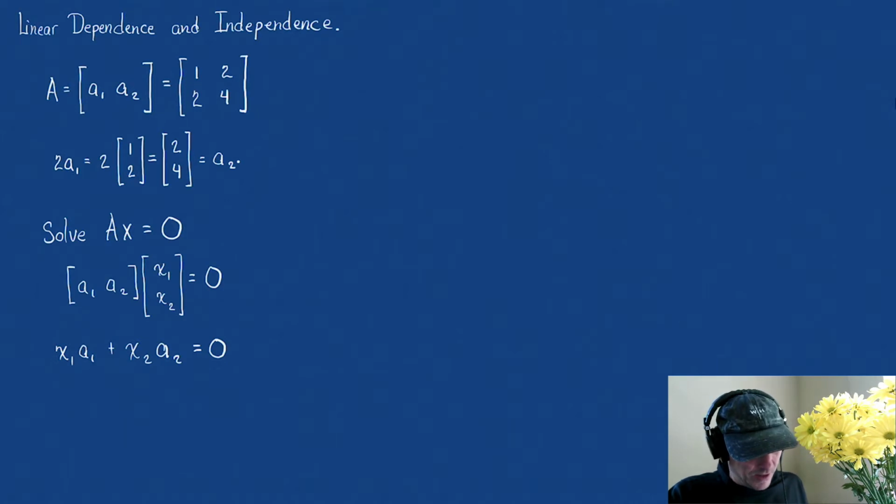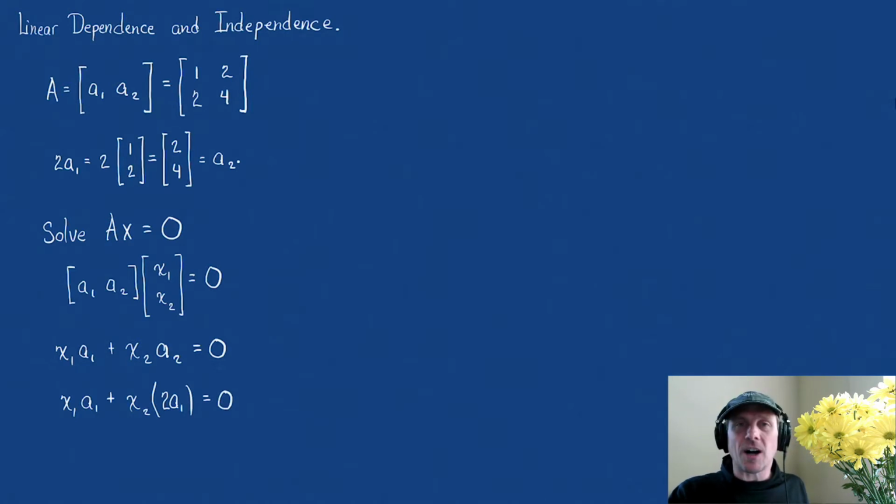We just said that a2 is just twice a1. So this is x1 times a1 plus x2 times 2 times the vector a1, and this equals 0. Well, look, I have a common factor of a1. So let's write this as x1 plus 2 times x2, times the vector a1, equals 0.